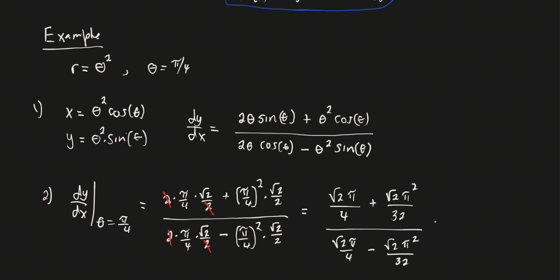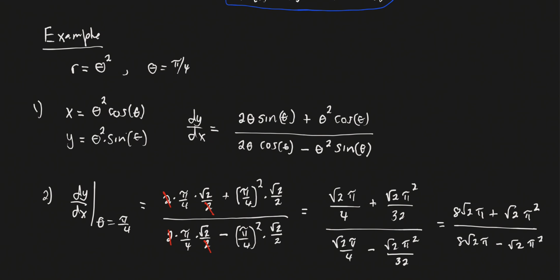So if I multiply the top and the bottom by 32, this becomes 8 root 2 pi, and then I'll have plus root 2 pi squared, and then in the bottom, again, something very similar. We will have 8 root 2 pi minus root 2 pi squared.